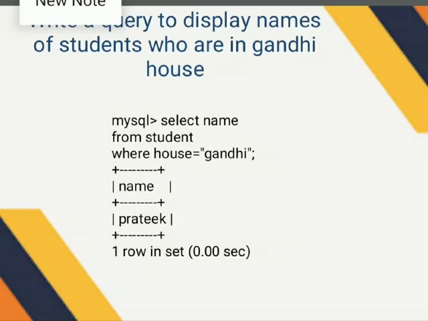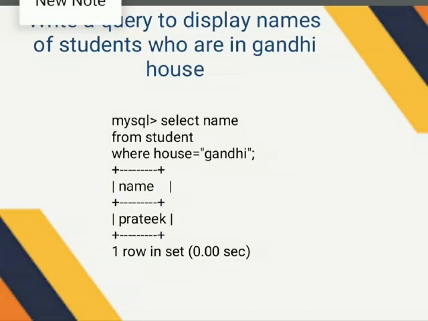Have you noted one thing? When we were supposed to display the details of only roll number 2, there were no single quotes or double quotes around 2. But here, in Gandhi or in the previous query with Malviya Nagar, whenever we want to check a condition based on a string data type, I have told you the rule.